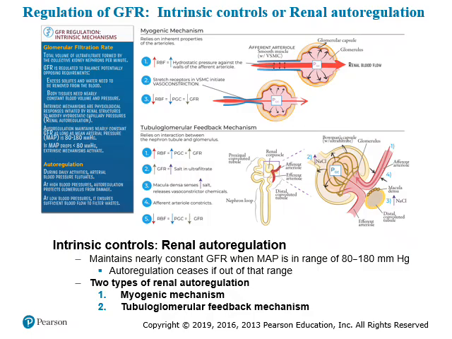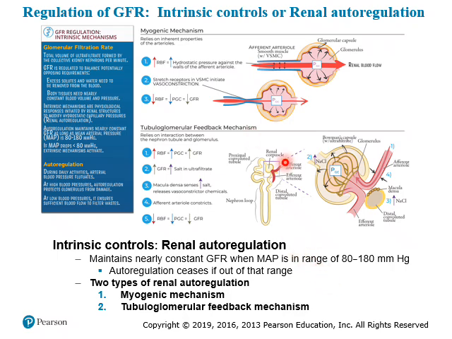Okay, now let's take a look at the intrinsic. Now we're going to get into the GFR regulation. We start with the intrinsic, then we get into the extrinsic. The intrinsic controls of renal regulation maintain a nearly constant GFR when the mean arterial pressure is within the range of 80 to 180 millimeters of mercury.